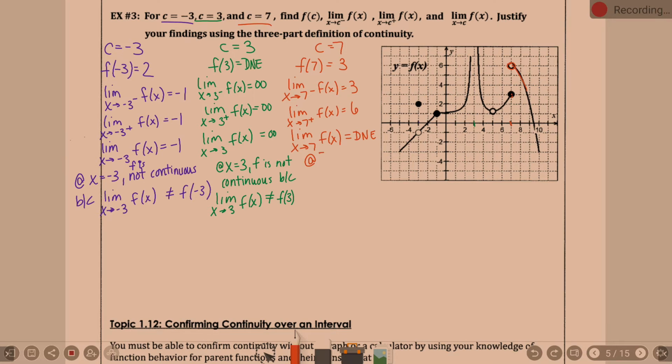So, at x equals 7, f is not continuous, and you can say what we've been saying: the limit as x approaches 7 of f of x is not equal to f of 7.